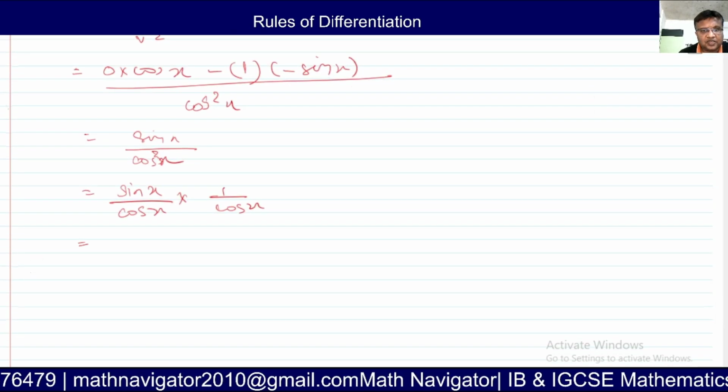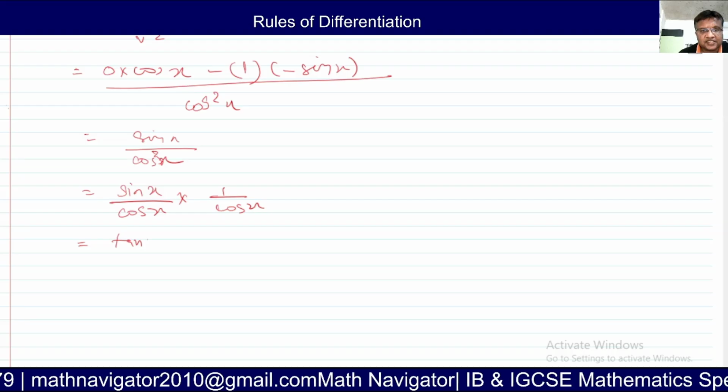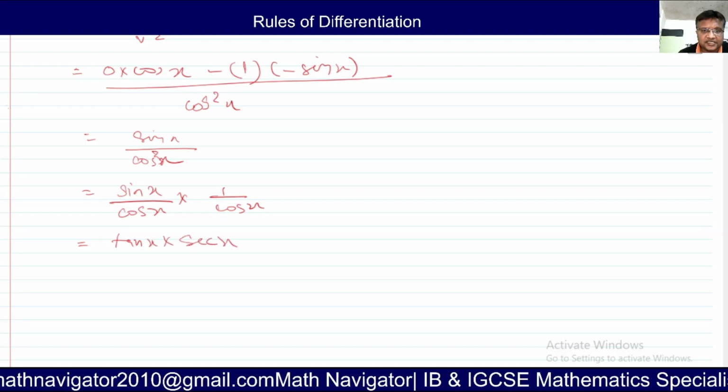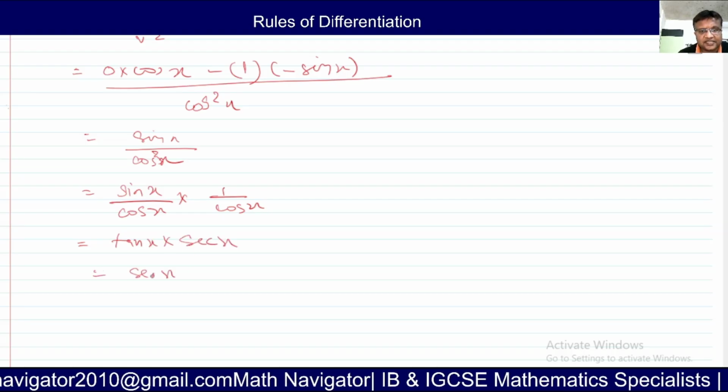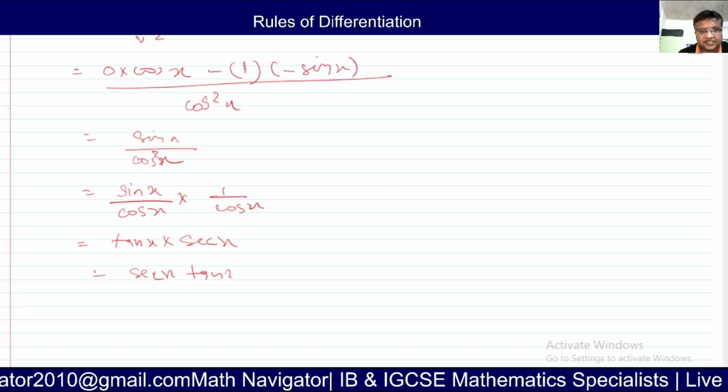This is equal to tan x times sec x. This becomes sec x tan x. Got it?